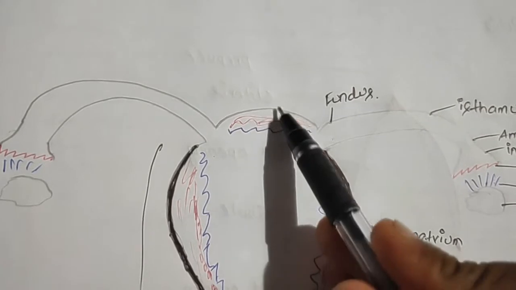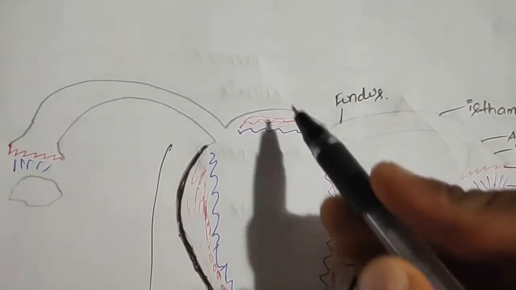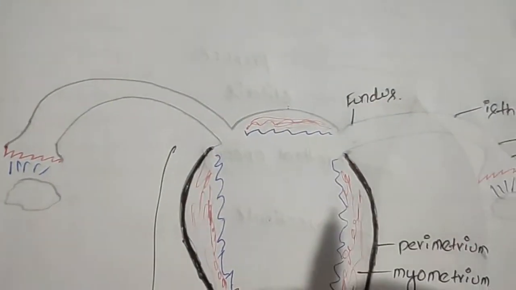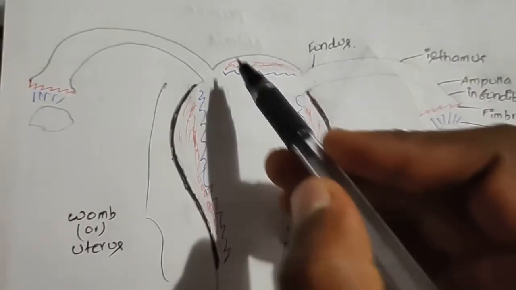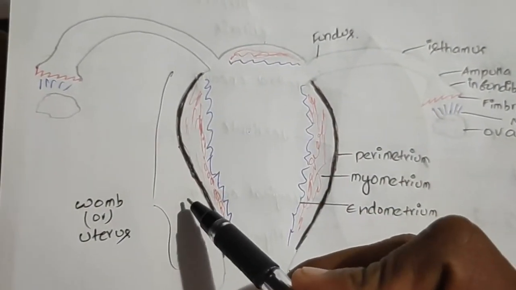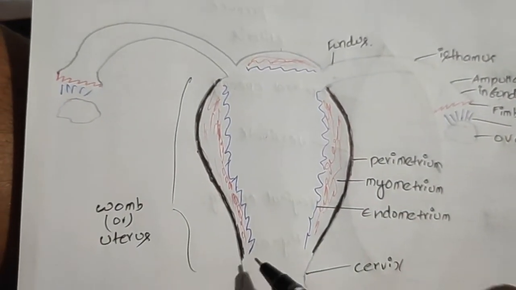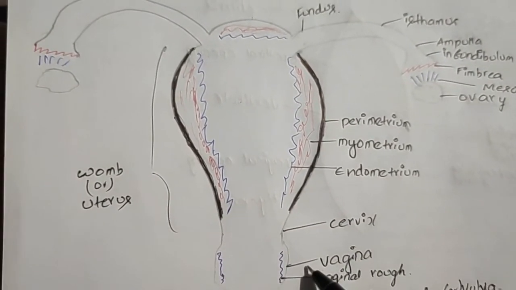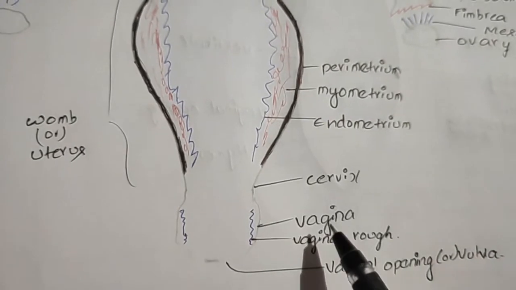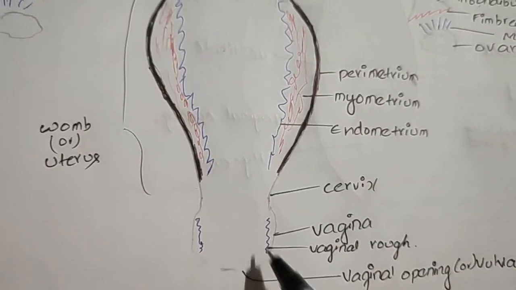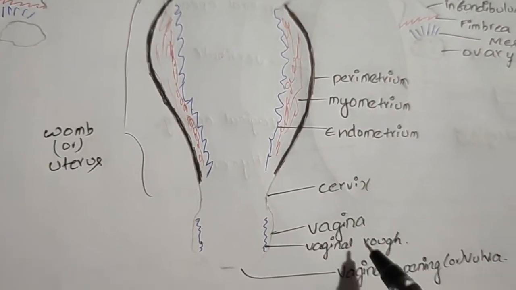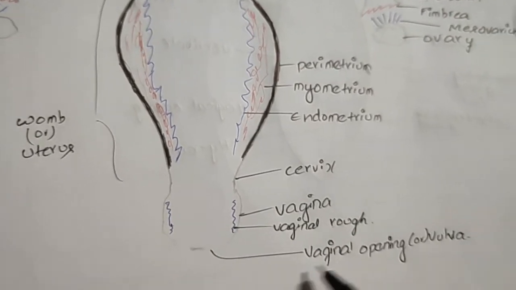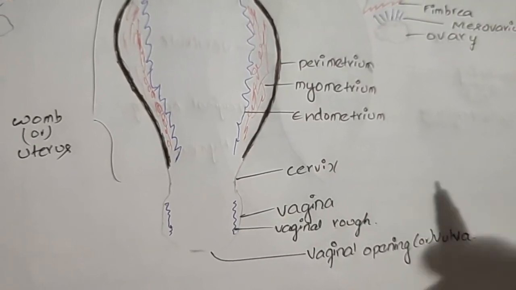The upper bulged part of this womb or uterus is known as the fundic part, and below this fundic part is the body part of the womb, and below this body part is the cervix, and the cervix leads to the vagina. This vagina has an inner surface which is rough, and this vagina leads to the vaginal opening or vulva.